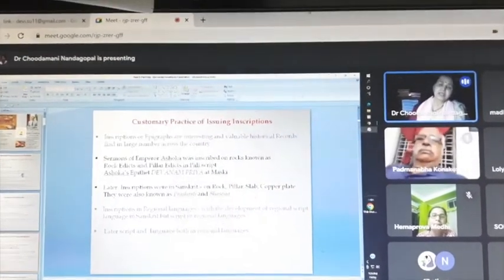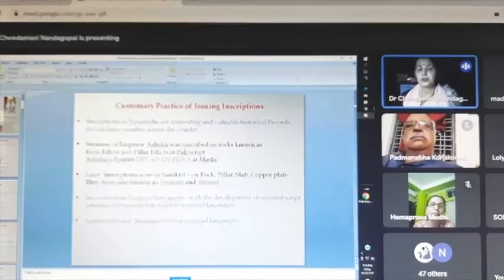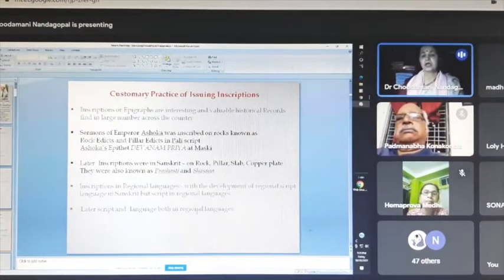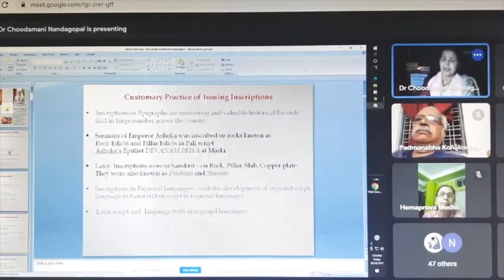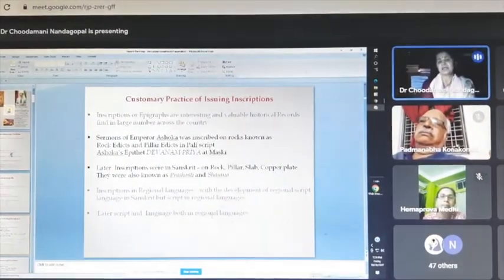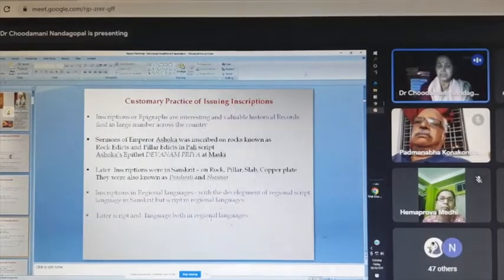The first record is the sermons of Emperor Ashoka, inscribed on rocks, known as rock edicts and pillar edicts. The language that you find is the Pali script.